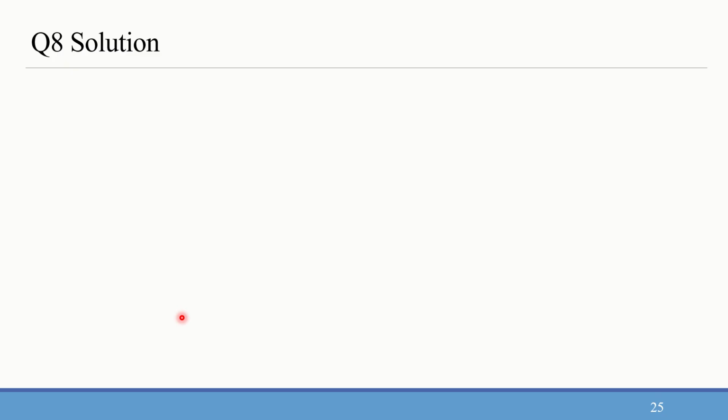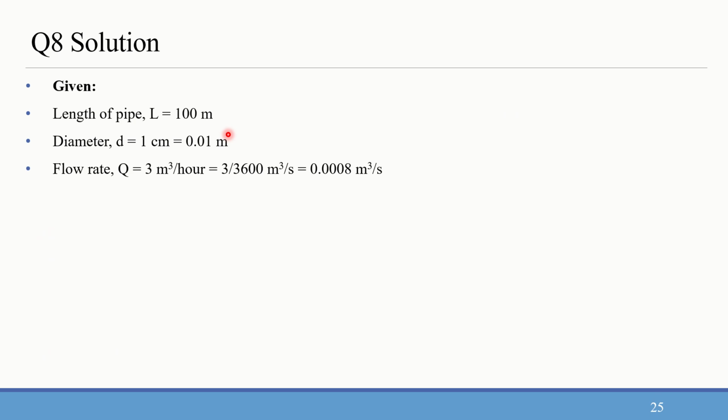So let's quickly take a look at it. Length of pipe is 100 meters, diameter of pipe is 1 centimeter, and flow rate is 3 meter cube per hour.